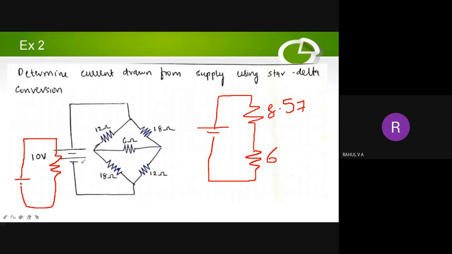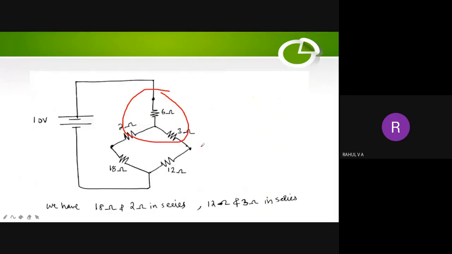A power supply and 14.57. So now you can find out the current by dividing that. That is 10 divided by 14.57 is the current value. So how much you got? 0.68.